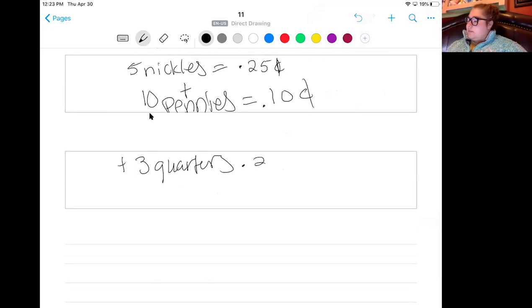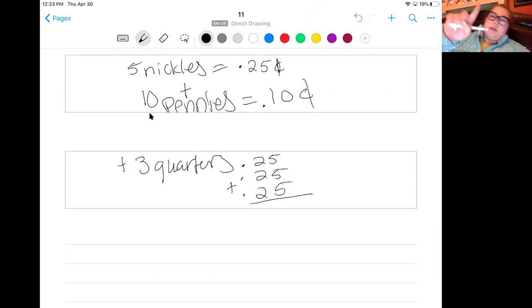So we're going to put 0.25 3 times. Well, if we skip count 3 times, so let's do that. 5, 10, 15. And so what I did is you have 3 5s right here, this line of 5s. You have 3 of those.